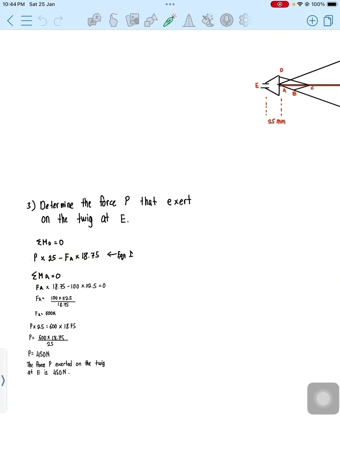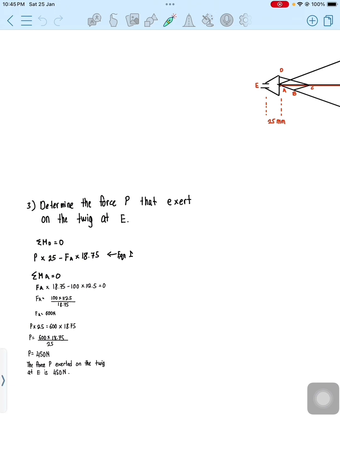And moment at A equal to 0. So we find FA times 18.75 minus 100 times 112.5 equal to 0. So we can find the force at point A, which is 600 Newton.